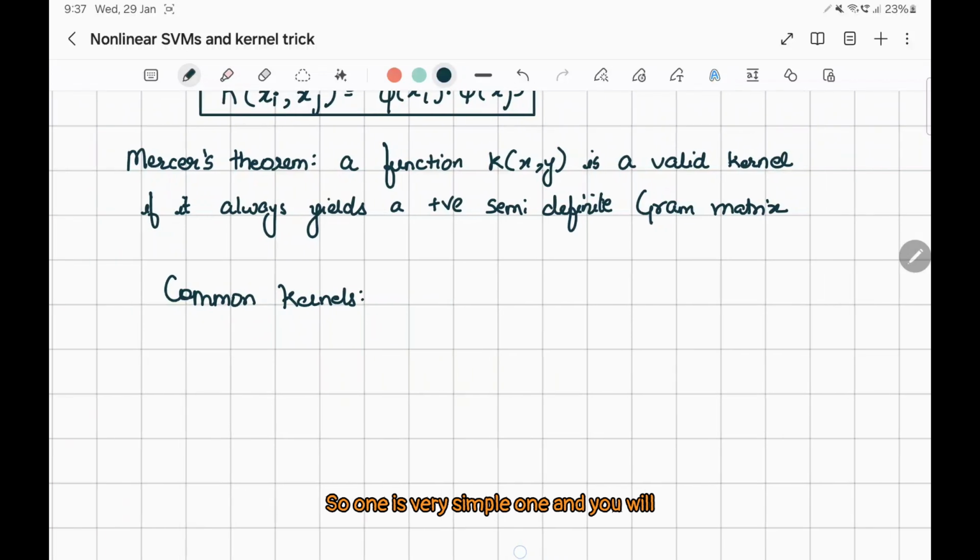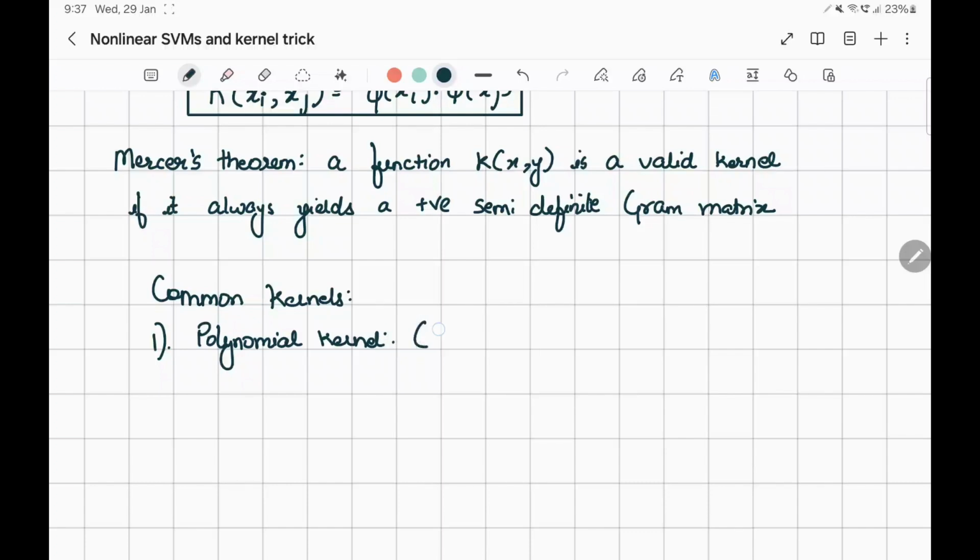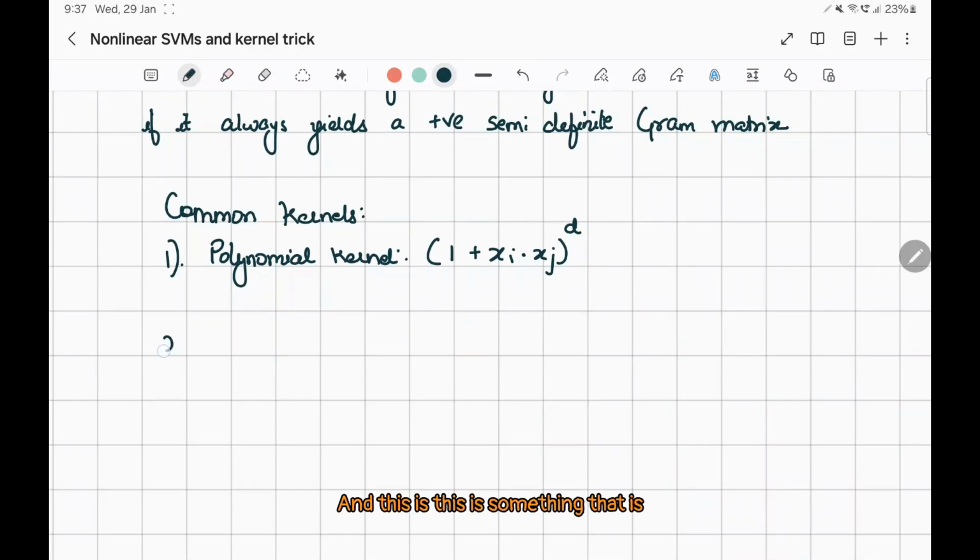One is a very simple one, and you will see me using this as we move forward. It's called the polynomial kernel, (1 + xi times xj). And this is something that is most used: the RBF or Gaussian kernel.